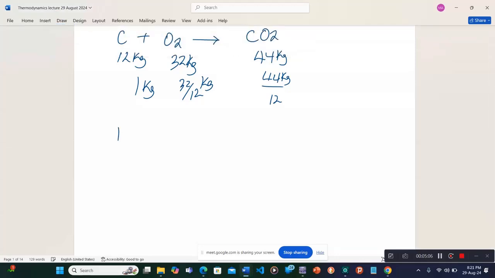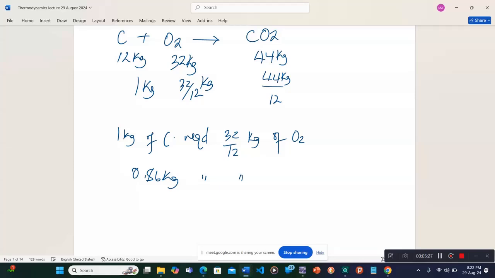So 1 kilogram of carbon required 32 out of 12 kilograms of oxygen. What about 0.86 kilograms, which is given in the question? So this will be 32 out of 12 times 0.86. We have 32 divided by 12, we multiply by 0.86.